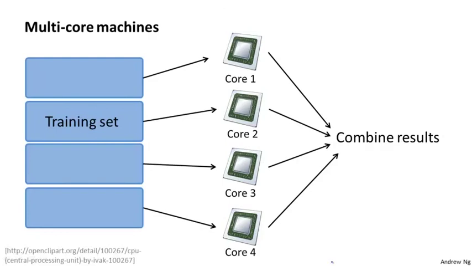Finally, one last caveat on parallelizing within a multi-core machine. Depending on the details of your implementation, if you have a multi-core machine and certain numerical linear algebra libraries, it turns out that some numerical linear algebra libraries can automatically parallelize their linear algebra operations across multiple cores within the machine.